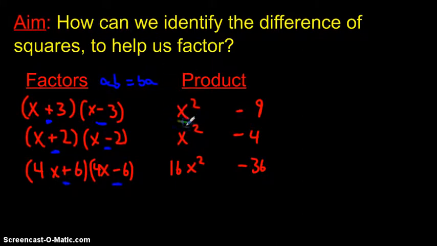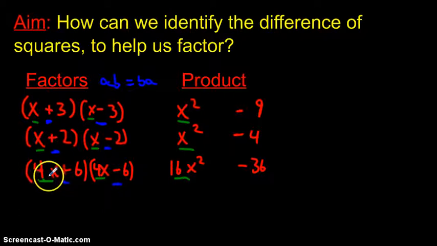Let's look at the product and the factors for patterns. We have an x squared here, and both of our factors have x terms. Over here we have an x squared, and we have x terms. And over here we have 16x squared, and here we have 4x. So what's the pattern of consistency between these two things? The pattern is that the square root of x squared is equal to x, and the square root of 16x squared is equal to 4x.